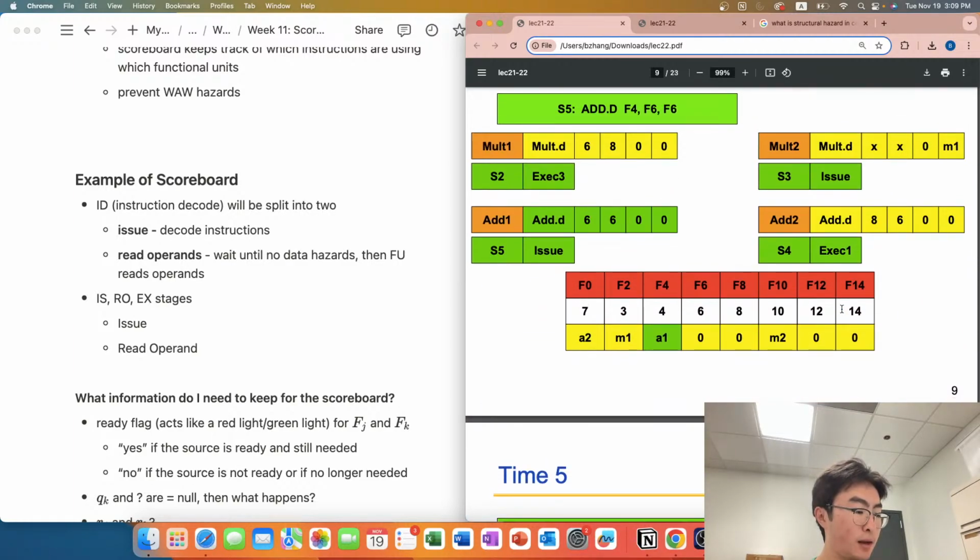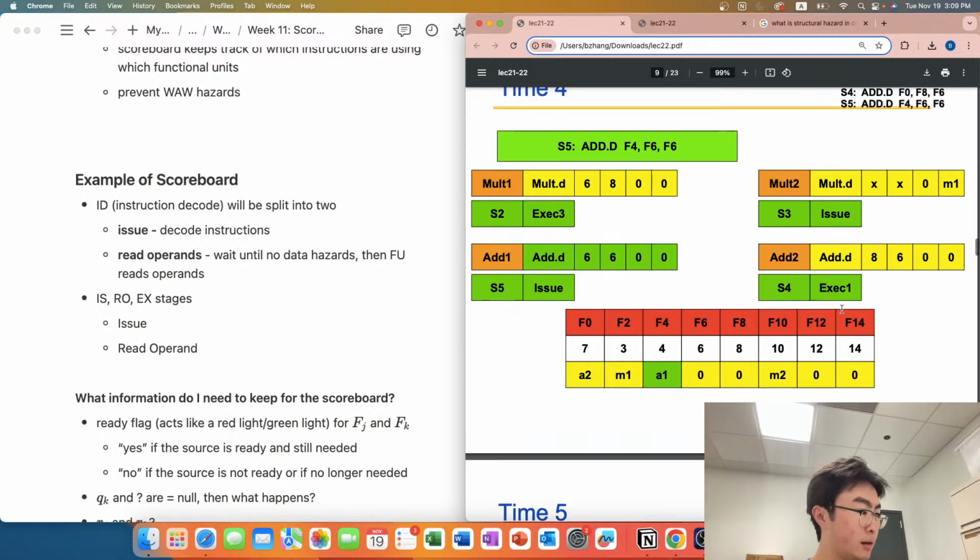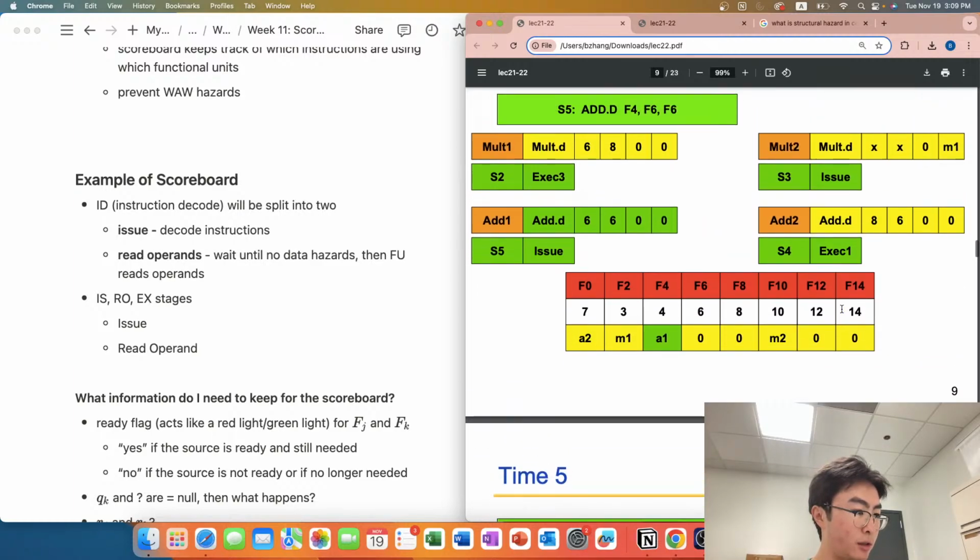A1, okay. Then we add instruction. So we're gonna have to stall here because we have a control hazard. There's no more units for us to use. This needs to finish. This needs to finish.